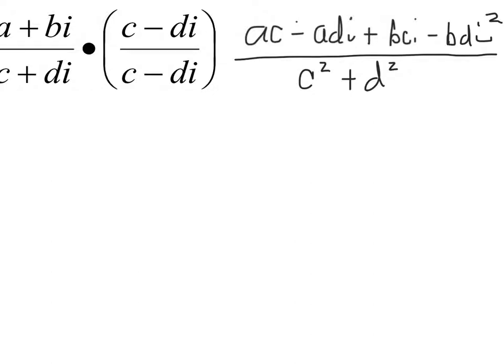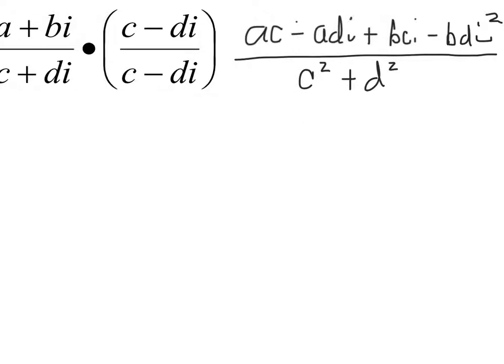So whenever we multiply a complex number by its conjugate, this is what we're going to get. C squared plus D squared. Now, if you want to multiply that out the long way and see how the middle drops out, and then multiply D times D to get D squared, and then I times I is I squared, which is -1.